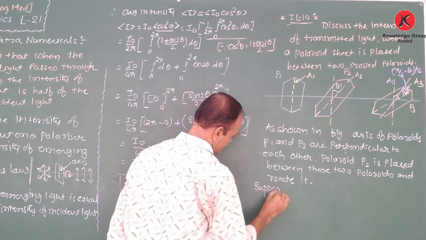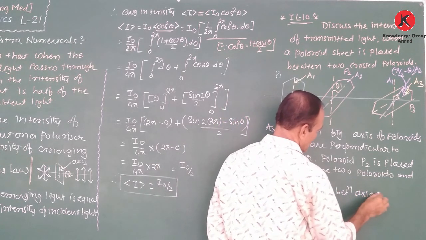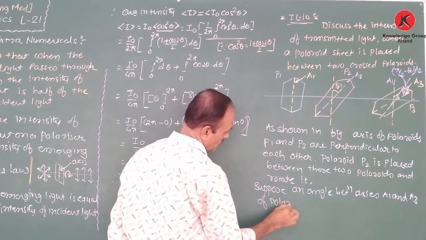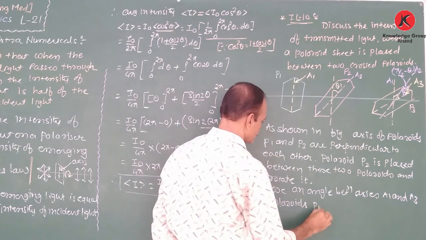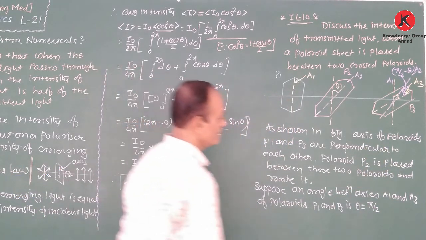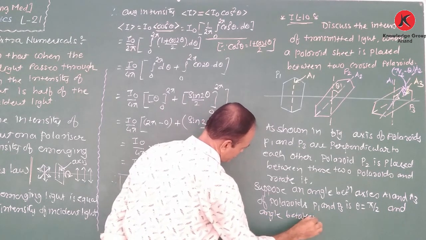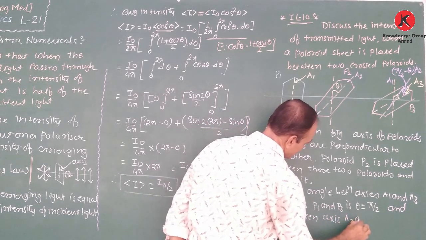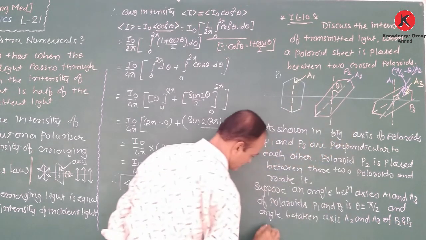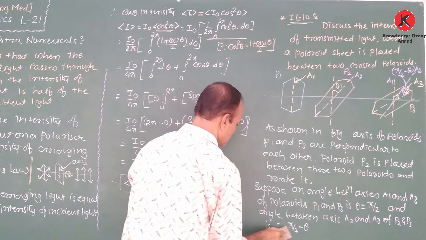Suppose the angle between axes A1 and A3 of polarities P1 and P3 is theta equal to pi by 2, and the angle between axes A2 and A3 of P2 and P3 is pi by 2 minus theta.